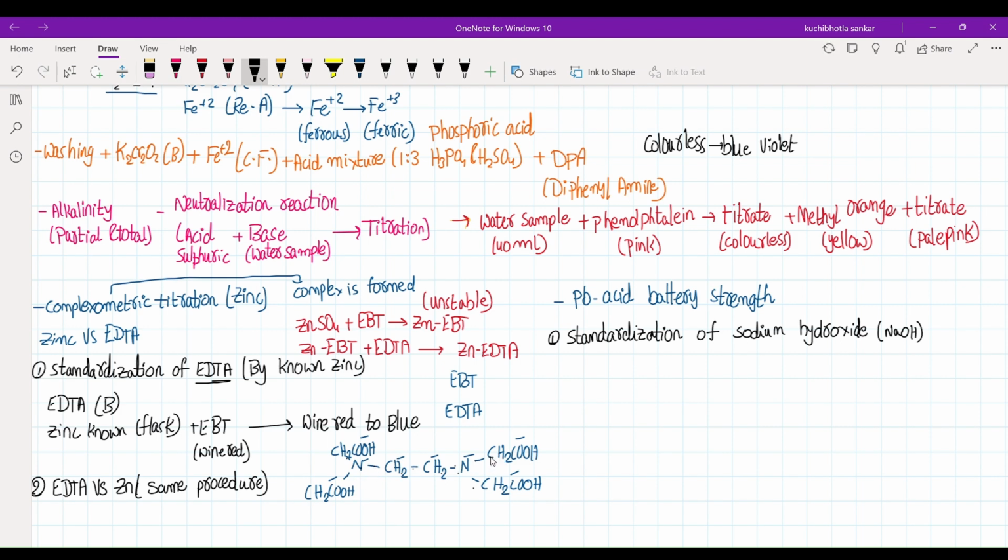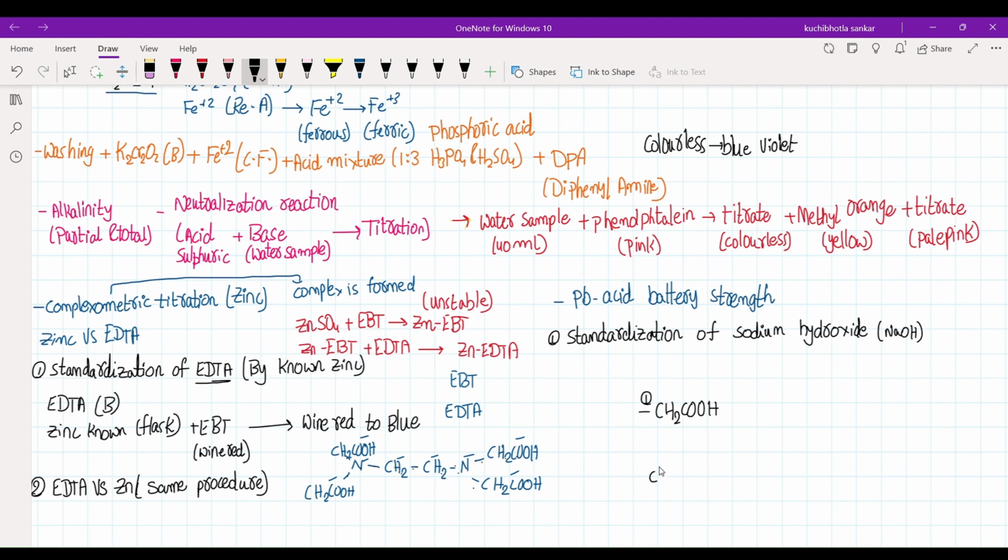And for C, 1, 3, 4, right, this is going to be the CH2COOH, right, just giving a small explanation. It is like this. So 1 was satisfied here.